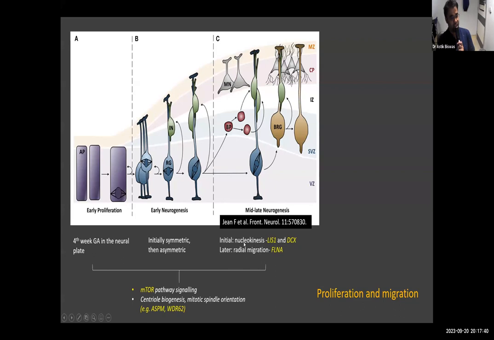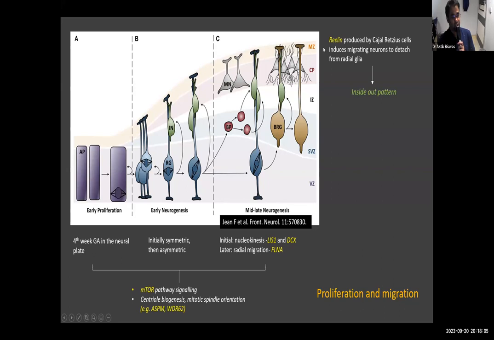So initially it's a nucleokinesis. Essentially that means it's almost like the neuron jumps from one segment to the other, and these are governed by LIS1 and DCX. And then later on, radial migration across the scaffold occurs again via various genes, filamin A being one of the important ones.